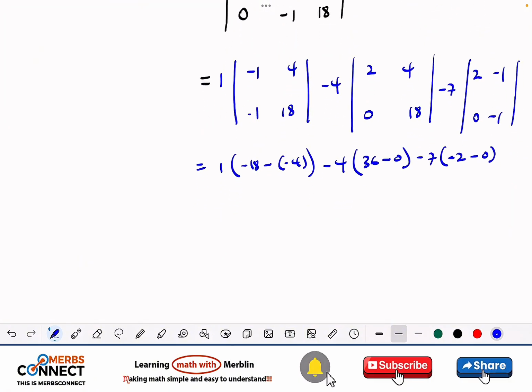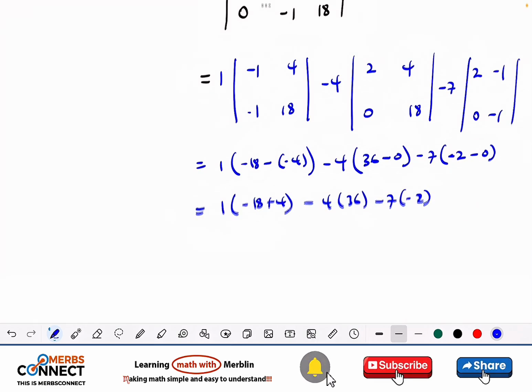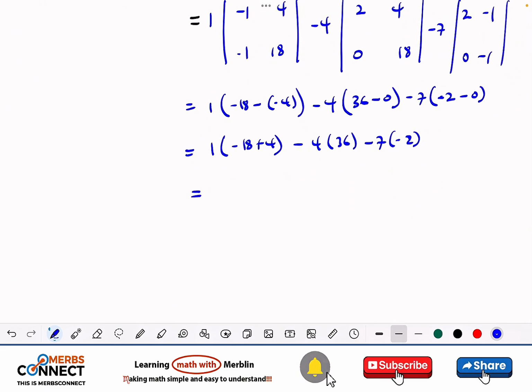The idea is that at the end of the day, we should get 0. If we are not getting 0, it means that we are getting something wrong. So this one is 1 times minus 18 plus 4, minus 4 times 36, minus 7 times minus 2. So this is going to give us minus, I think 14, right? Yeah.